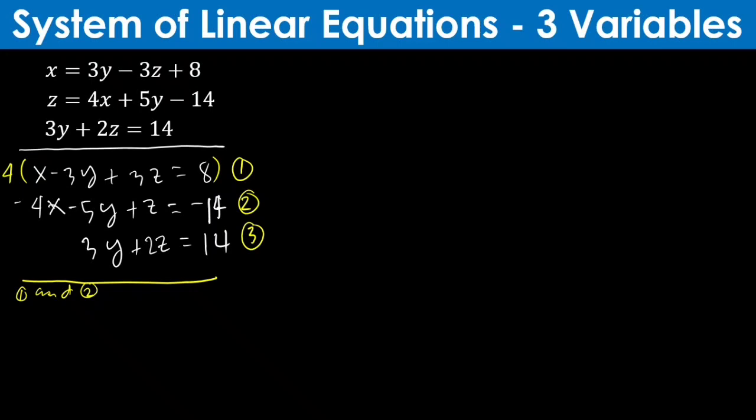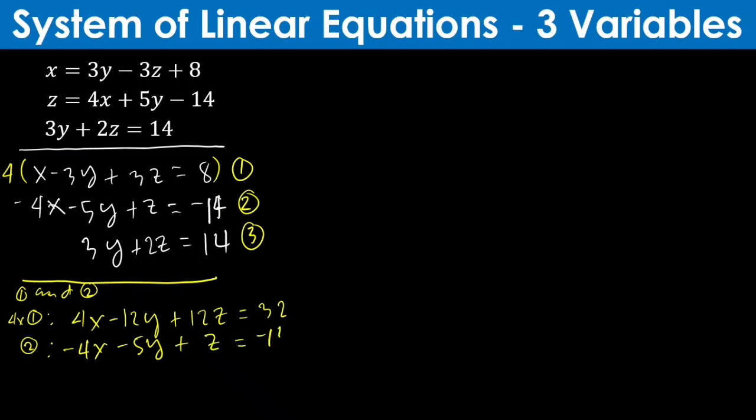So 4 times equation 1. 4 times x, that's 4x. 4 times negative 3, that's negative 12y. 4 times 3, that's 12z. 4 times 8, that's 32. And then for equation number 2, that's minus 4x minus 5y plus z equals negative 14.